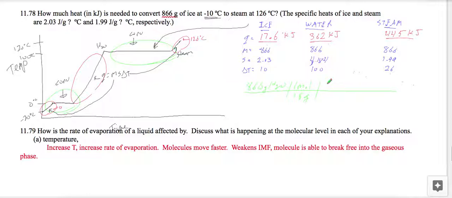We have, for the ice changing, 6.01 kilojoules per mole. And we can do the other one. It's going to be the exact same thing, only here it's going to be 40.67. All right.